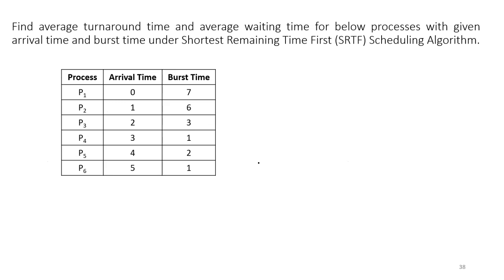Let's have the example of shortest remaining time first scheduling algorithm. Find average turnaround time and average waiting time for below processes with given arrival time and CPU burst time under shortest remaining time first scheduling algorithm.